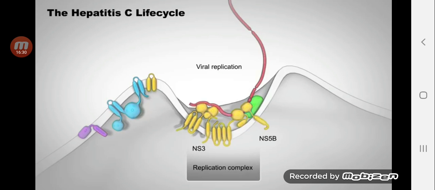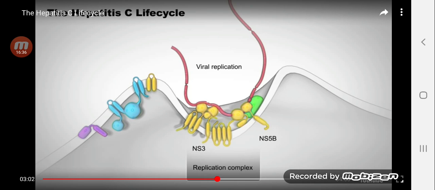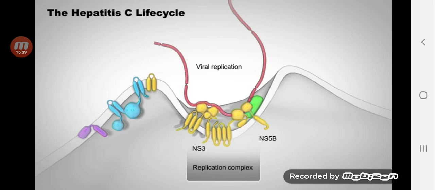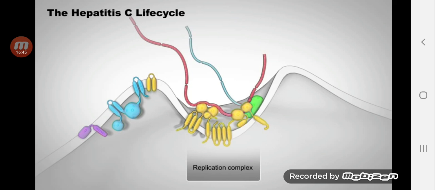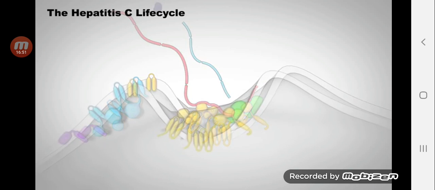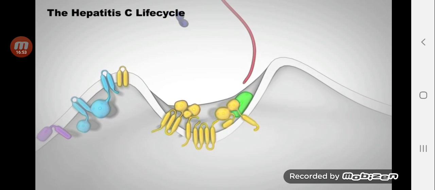Although the actual function of NS5a remains vague, it is vital to the replication process, and agents that target this protein inhibit HCV. Since NS5b is responsible for synthesis of both the negative strand RNA intermediate template and the positive strand genomic RNA, it has emerged as a natural therapeutic target.